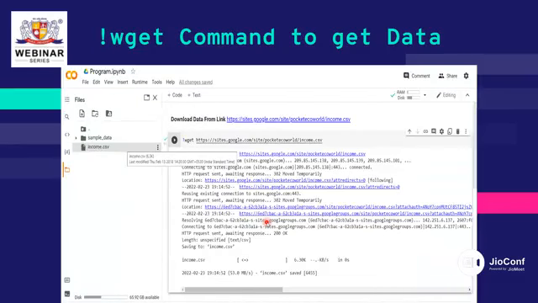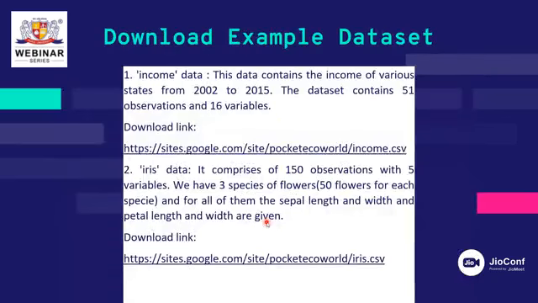So let's start with the programming. If you have to get data directly from a link, you don't need to download it to your PC or upload it to your Google Drive. You can directly download it by code.